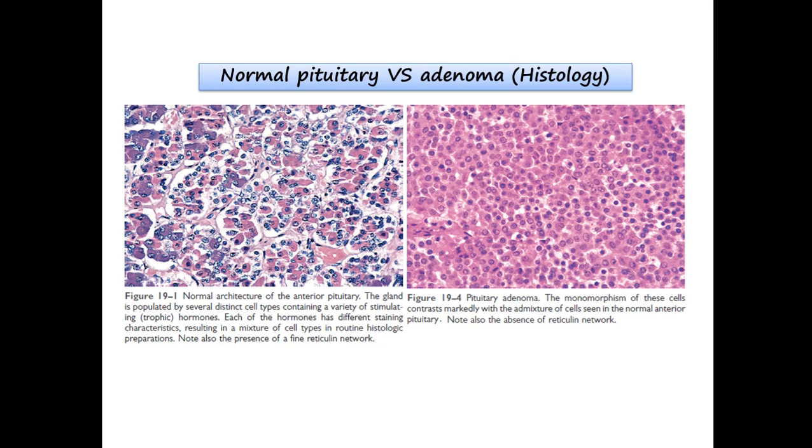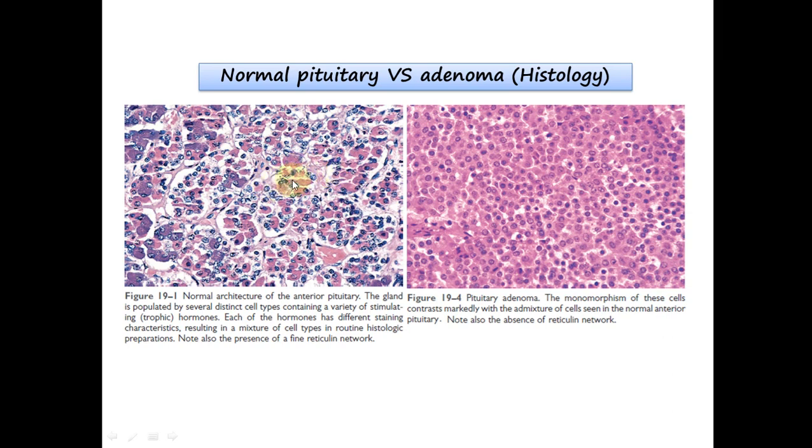Under the microscope, this is the normal appearance of a pituitary gland. We know that the pituitary gland contains thyrotropes, somatotropes, corticotropes, gonadotrope cells. And as I mentioned in the previous slide, some tropes are acidophilic and some are basophilic.